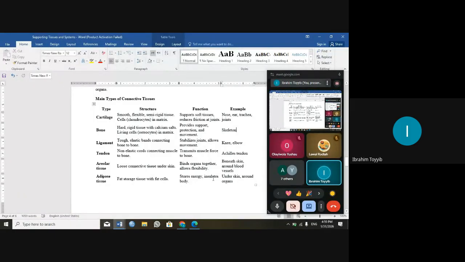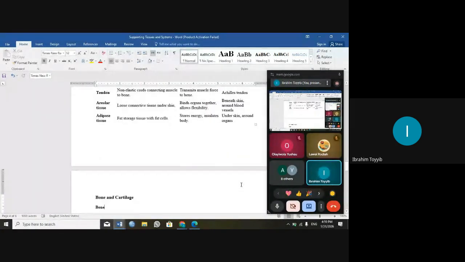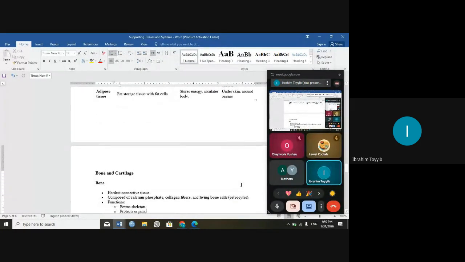So the adipose tissue is fat storage tissue. They store energy and insulate the body. They are under the skin and around organs. If you see someone that is fat, that person has much adipose tissue in his body, and the fat can provide energy. Even if the person has not taken energy-giving food, the person can still sustain some conditions.